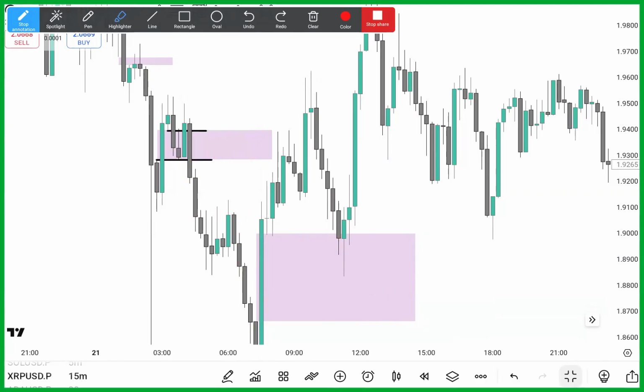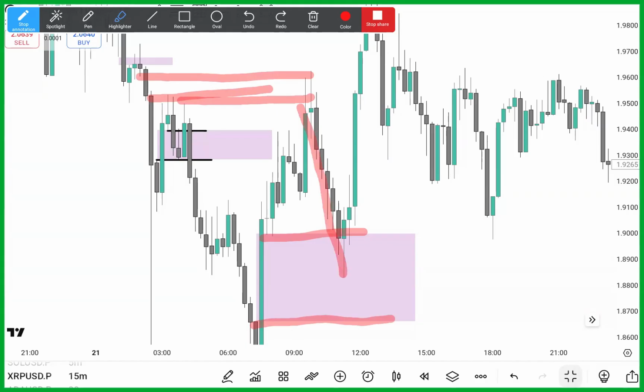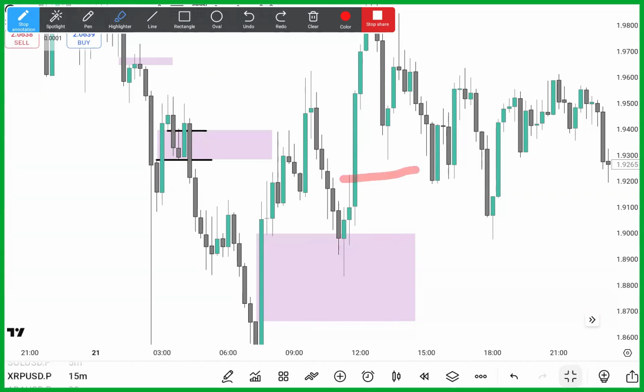When it reversed and began heading upward, it left a fair value gap behind. So when price came and filled this fair value gap, it had to react, going back down, tapped into that fair value gap before it went. And as it went, it left a fair value gap here.